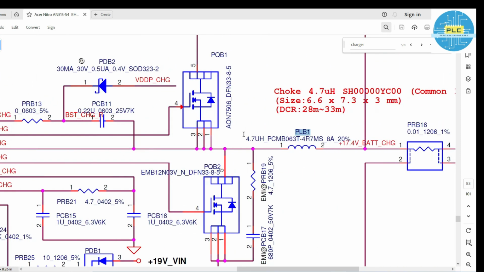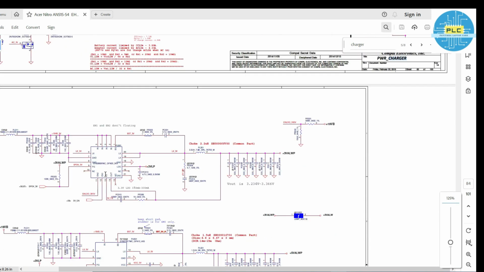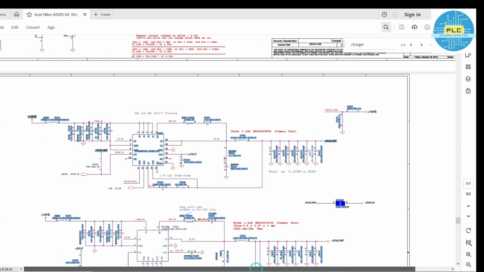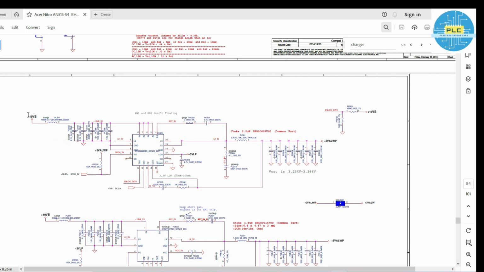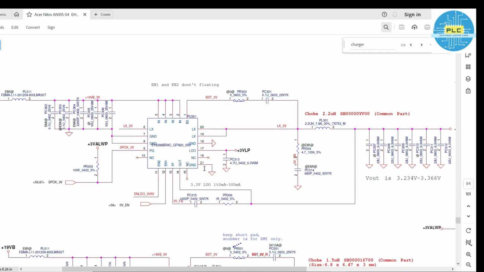Okay, like this, many circuits are there. See, here it's 19 volts, 19 volts VB is the input to this IC. See, here is the V in. It has taken the input, and one is ground.